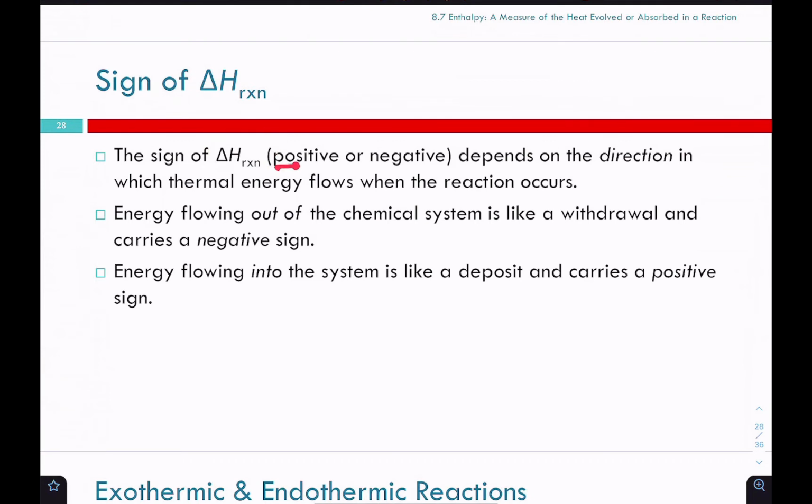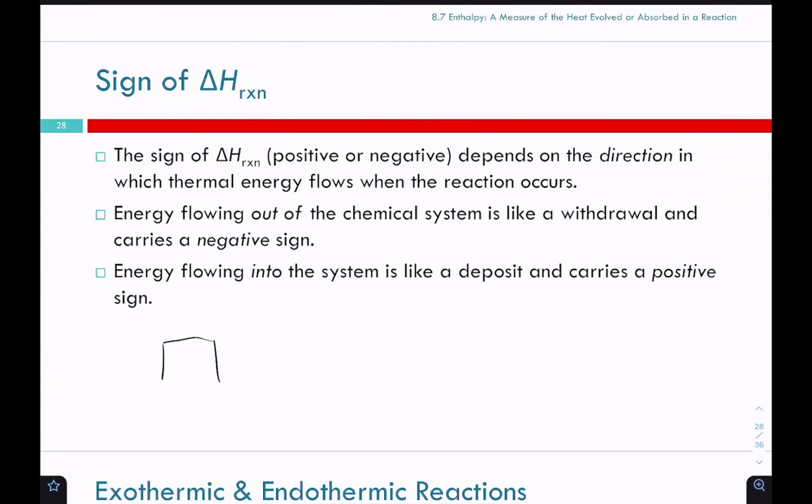So it can be positive or it can be negative, and that depends on the direction in which the thermal energy is flowing. So energy flowing out of the chemical system is like a withdrawal from your bank account. It's negative. And so you're removing heat from the system.